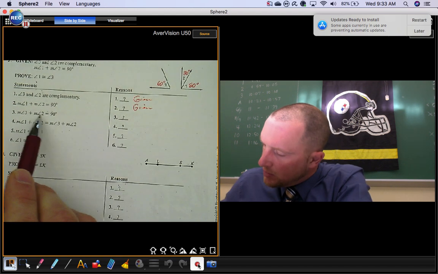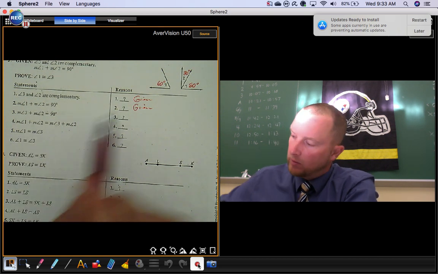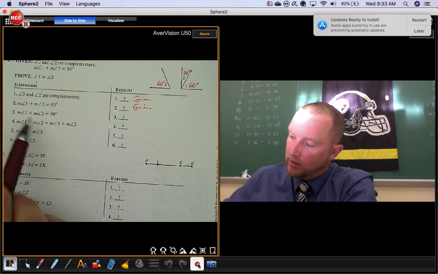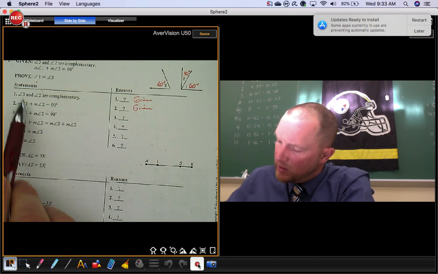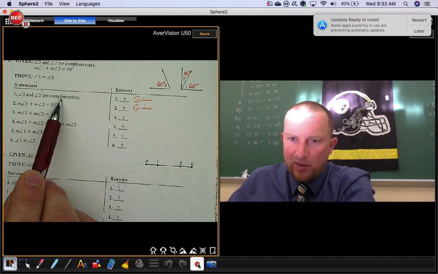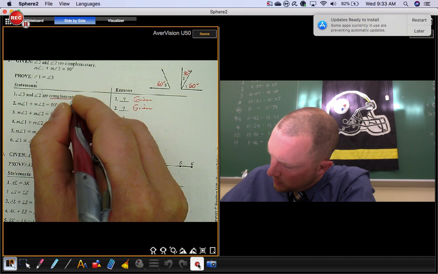Measure of angle 3 plus measure of angle 2 equals 90. How do you know that? Well, you could look at the picture, you could look at the given, you could look at some of the things you already stated. Notice how we said that angle 3 and angle 2 are complementary. What does it mean to be complementary?